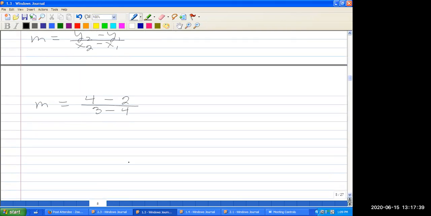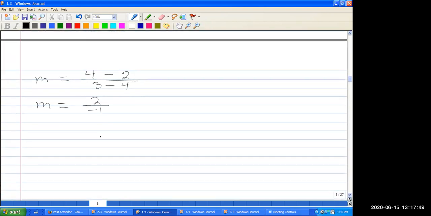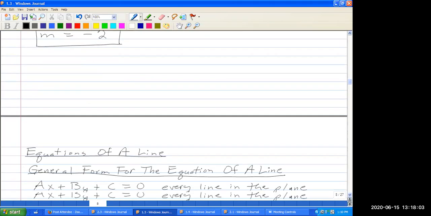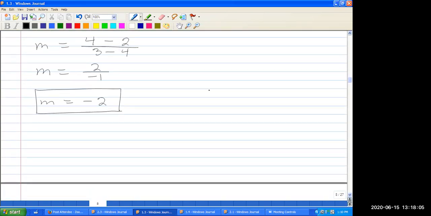So I get the slope is equal to 2 over negative 1. Therefore, my slope is negative 2. Okay. Now it says that I should graph this. Let's do it here.